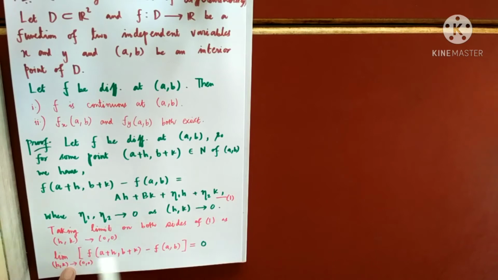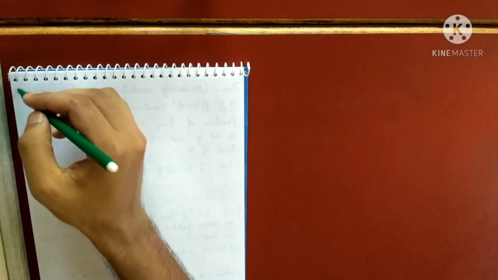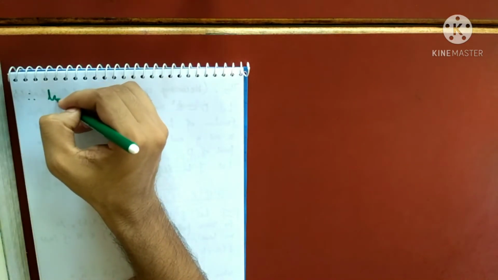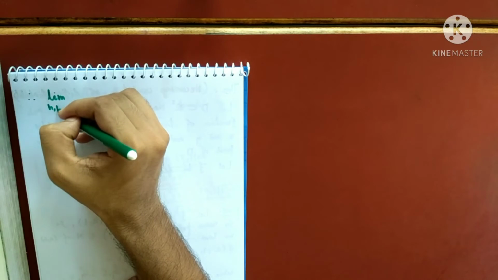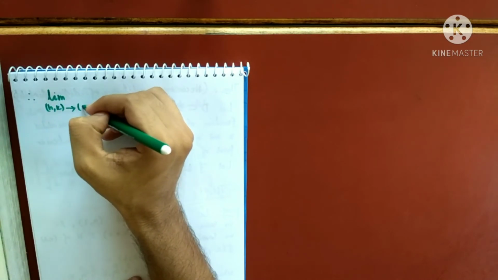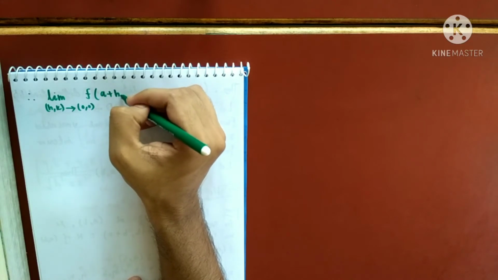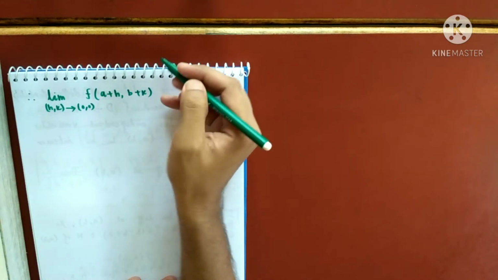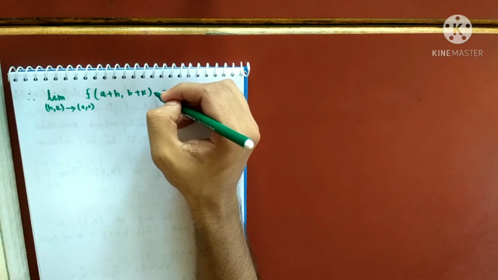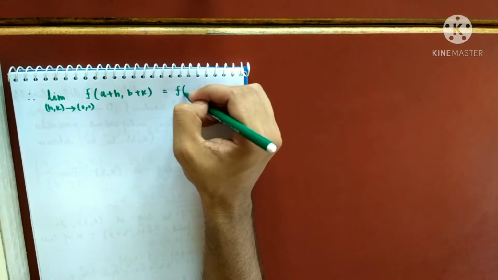So let's open this limit and simplify this. Eventually what we have is limit h comma k tends to 0 comma 0, f of a plus h comma b plus k equals f of a comma b.